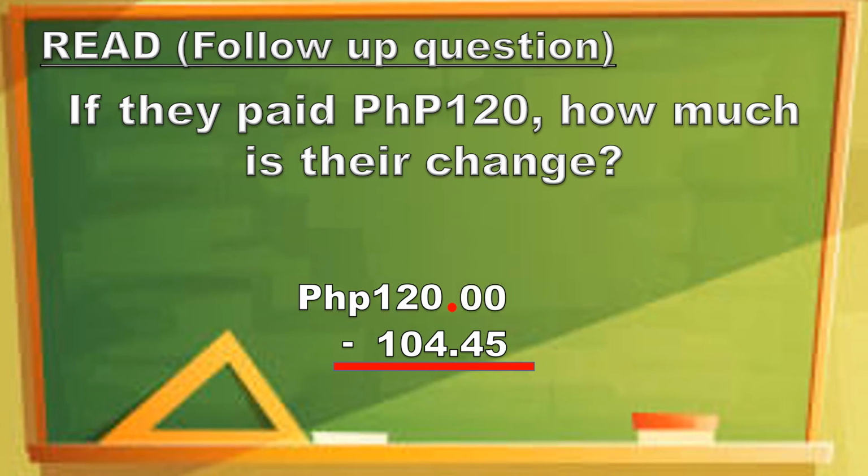Okay, we now subtract from right to left. Let's have 0 minus 5. Can we subtract 5 from 0? Okay, very good. We cannot. If the digit in the subtrahend is bigger than the digit in our minuend, we have to regroup or borrow.